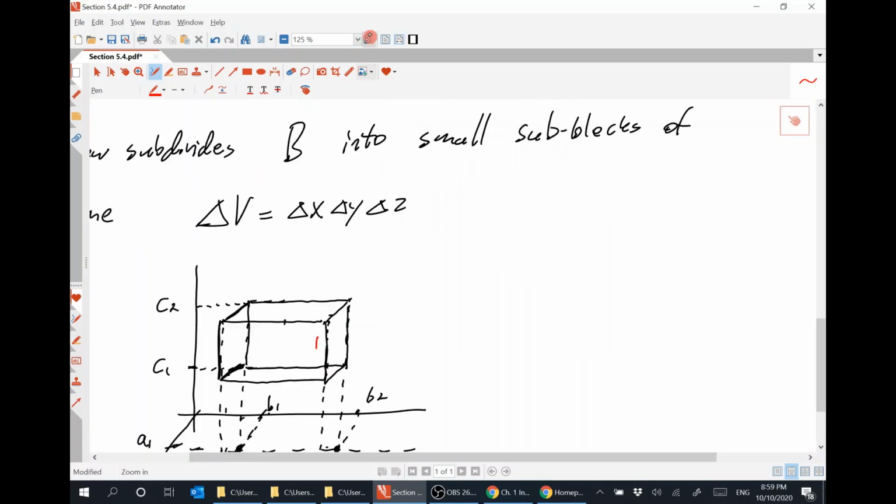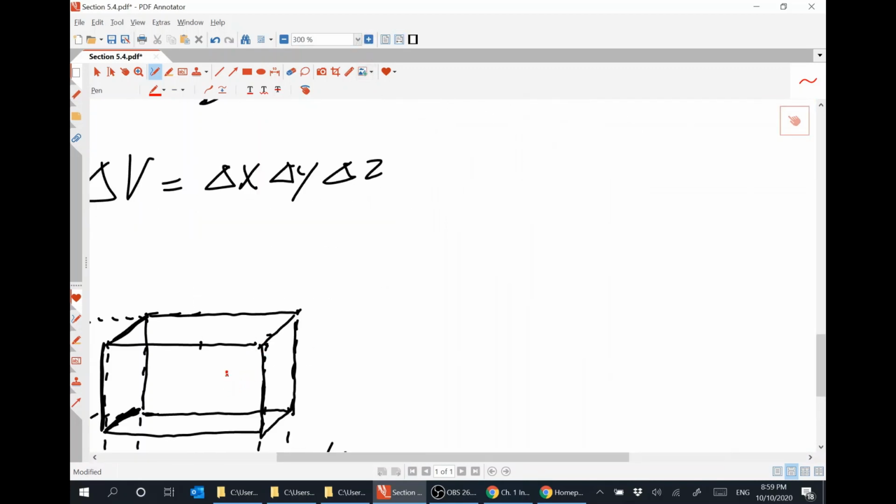Pretty bad, let's see. There we go. So this little box inside here looks like this.